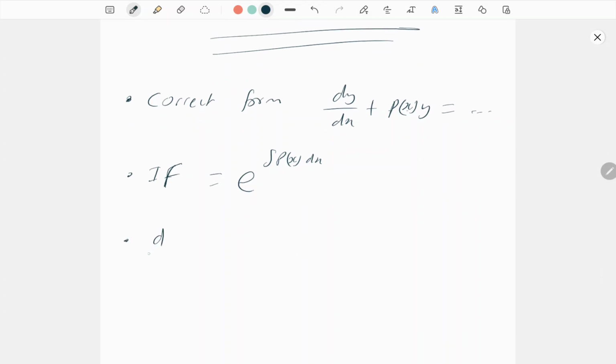And then you rewrite it. First you multiply the whole equation with the integrating factor. So multiply the ODE by the integrating factor. And then after that you use the differentiation product rule, but backwards.